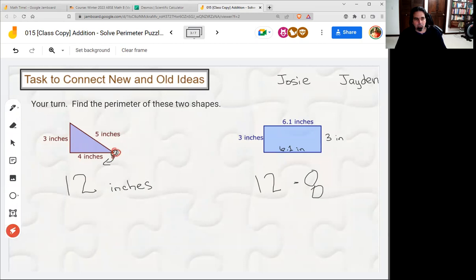I want to make my little mark a corner again. So just tell me where to start. No preference at all, Josie or Jaden?